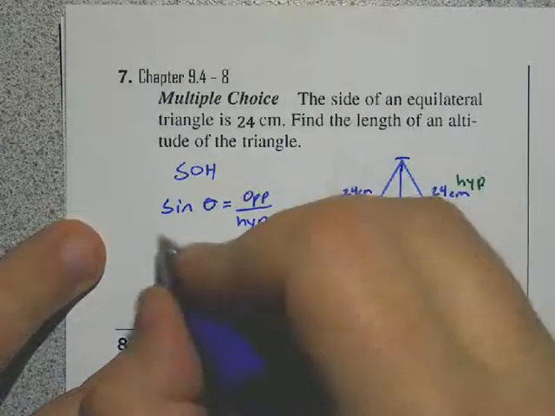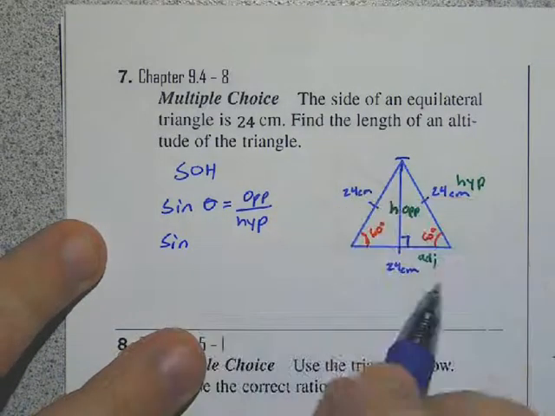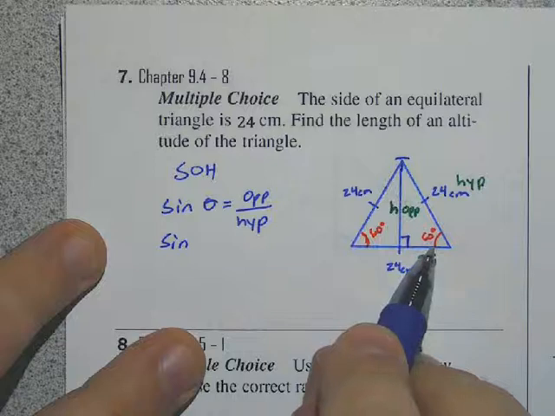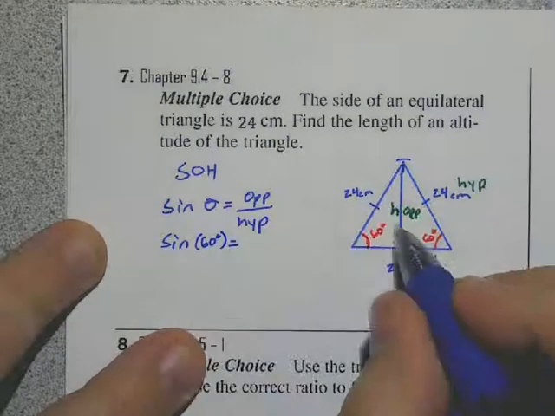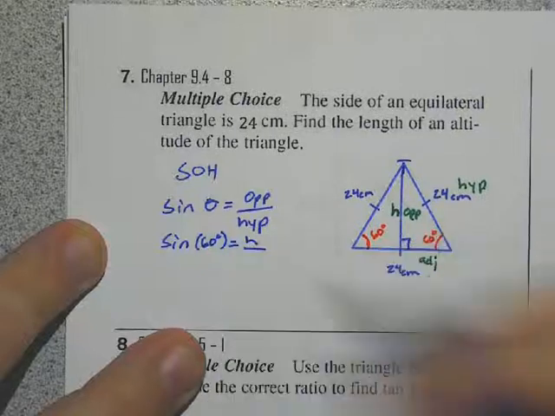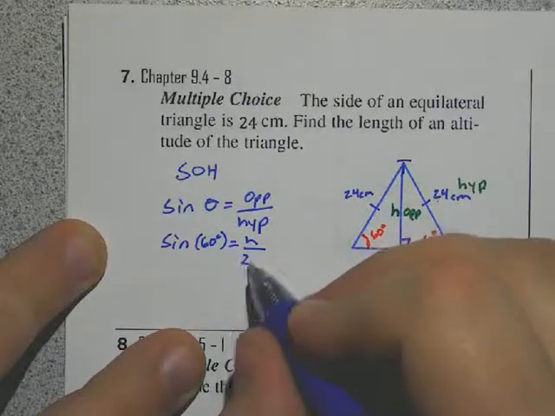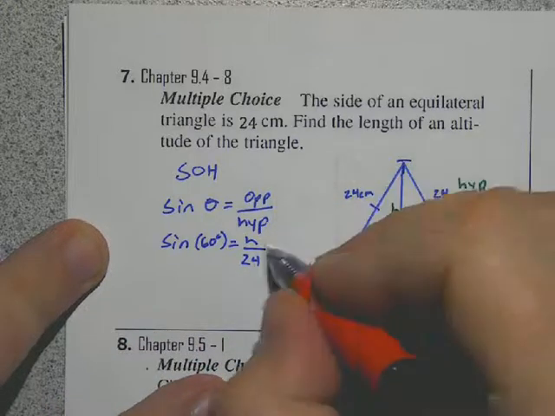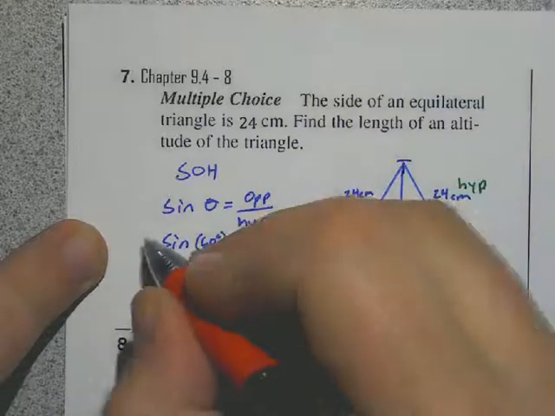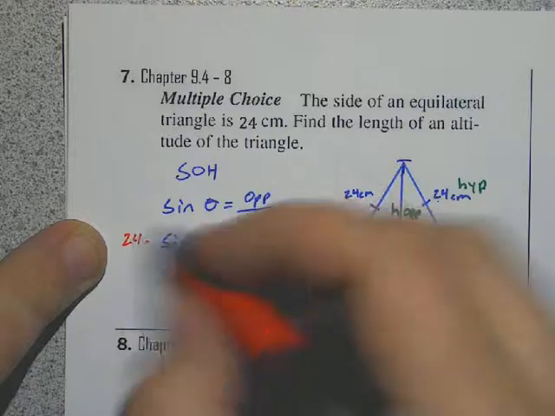Okay, so that means the sine of, in this case, theta is 60 degrees, equals opposite, which is our h, over hypotenuse, which is our 24. Okay, so multiply both sides by 24 to get this solved, and I'm going to get 24 sine 60.